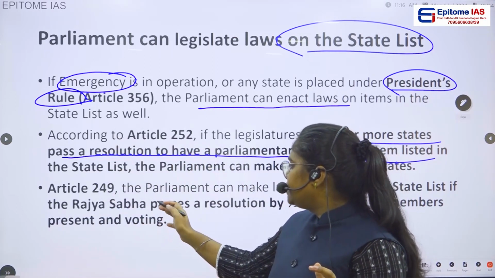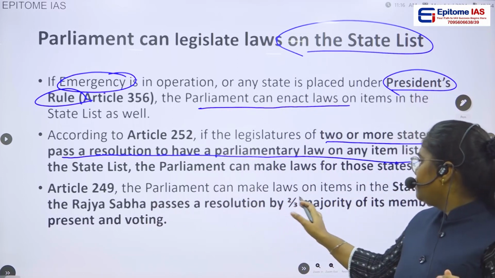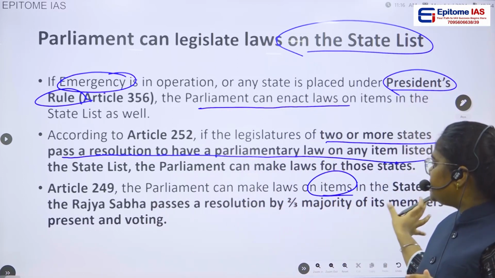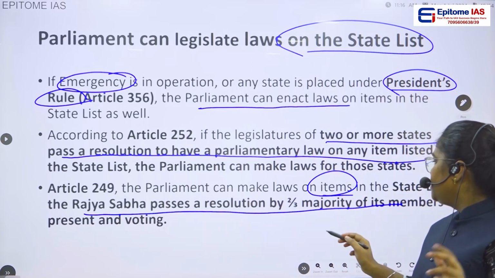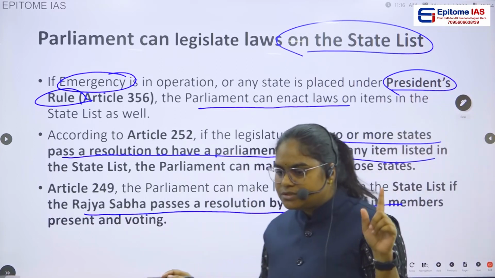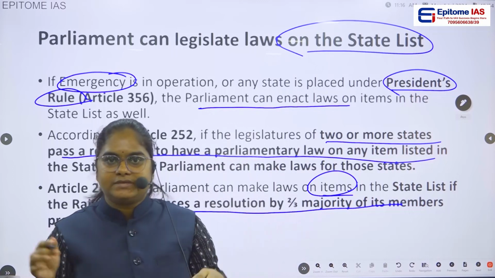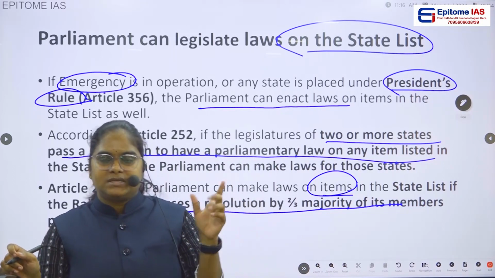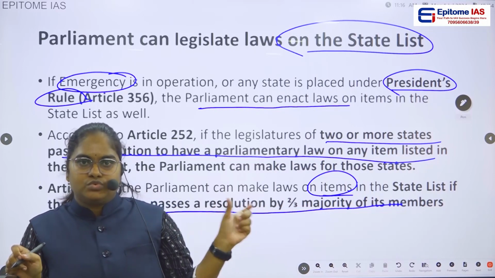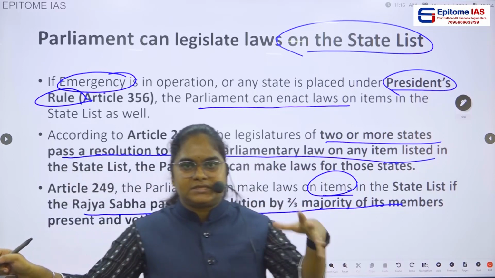And we have another case, that the parliament can make laws on items in the state list when Rajya Sabha passes a resolution by two-third majority of present and voting. So in case of national interest, the Rajya Sabha can pass a resolution with two-third majority of present and voting.